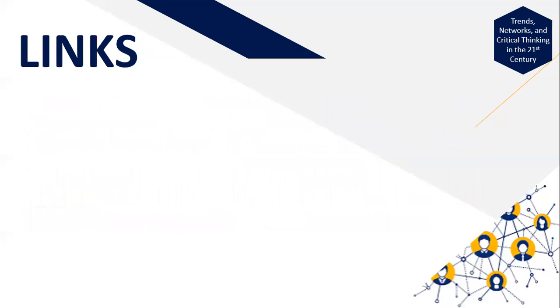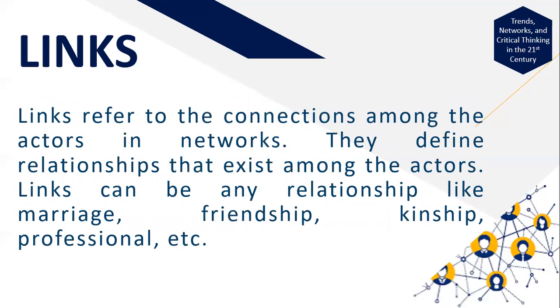Okay? So links, pag sinabi natin links, ito yung connection. Okay, connections among the actors in networks. So links define the relationships that exist among the actors. So links can be any relationship like marriage, friendship, kinship, professional, etc. So pwede kang connected sa isang tao kasi kayo ay kasal, kayo ay magkaibigan, kayo ay magkamag-anak, kayo ay nasa isang profession, etc. Okay?